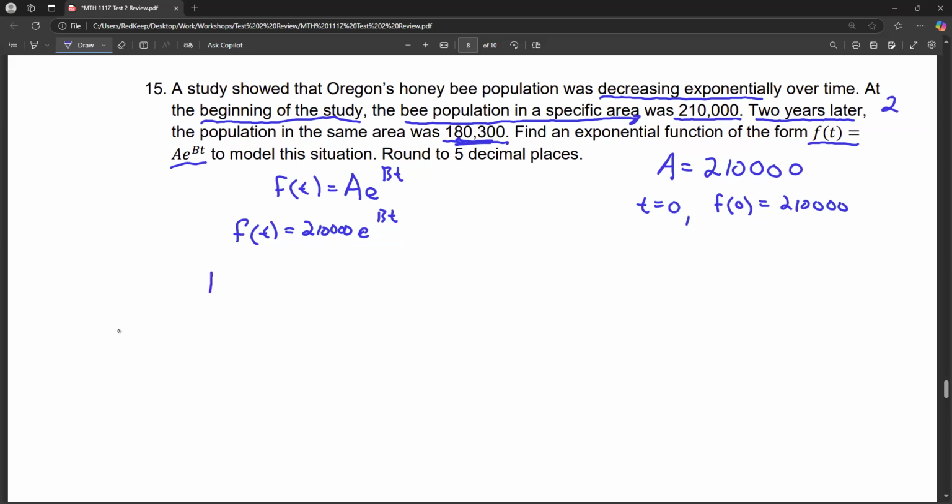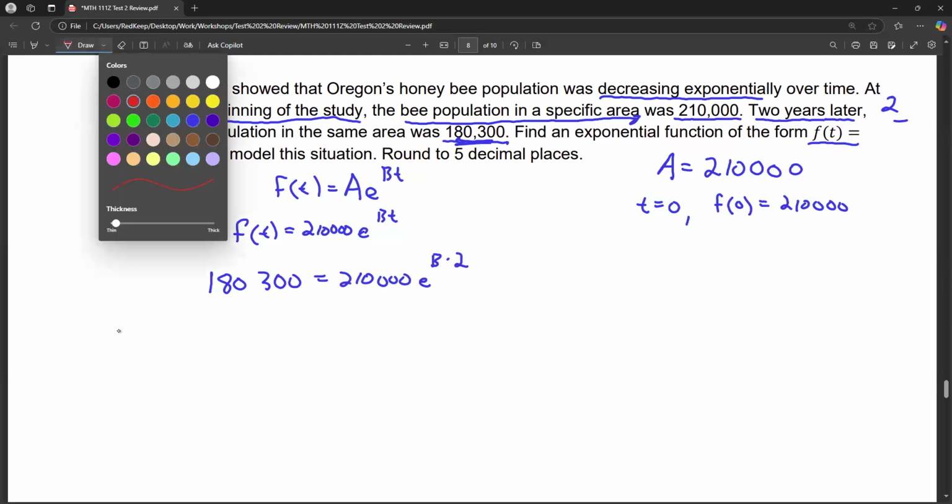So let's go ahead and write that down. 180,300 is equal to that 210,000, the A value, times e. I don't know what B is yet. e is raised to the B times t, and our t value is 2. Remember, it was up here. Again, it's a very similar story.